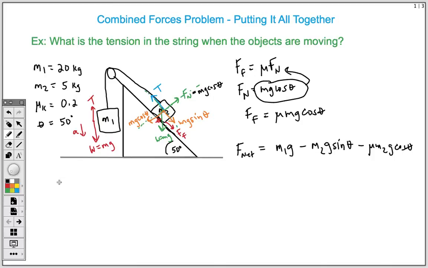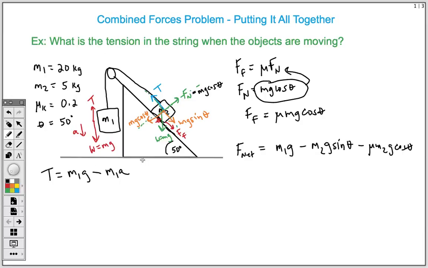So really, the tension in block m1 is going to be m1g plus or minus ma. Well, it's accelerating downwards. So when it accelerates downwards, we subtract. That's how we're going to solve for the tension.